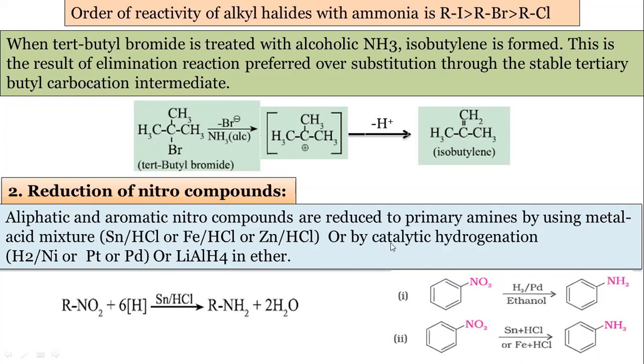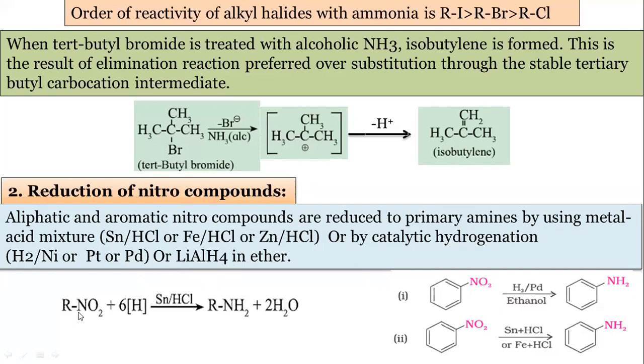You know what catalytic hydrogenation is? Platinum, palladium, Raney nickel we use as a catalyst, or you can use lithium aluminum hydride, which is very famous. Lithium aluminum hydride is quite costly. Instead of it, you can use sodium borohydride, NaBH4. In the chapter on alcohols, we already discussed lithium aluminum hydride.